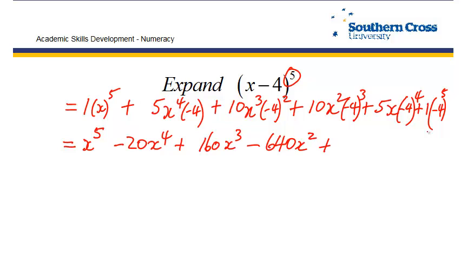The next one will be positive, and we've got negative 4 to the power of 4, which is 256, times by 5 is 1280. And then the last one will be negative, because negative 4 to the power of 5 is negative 1024.